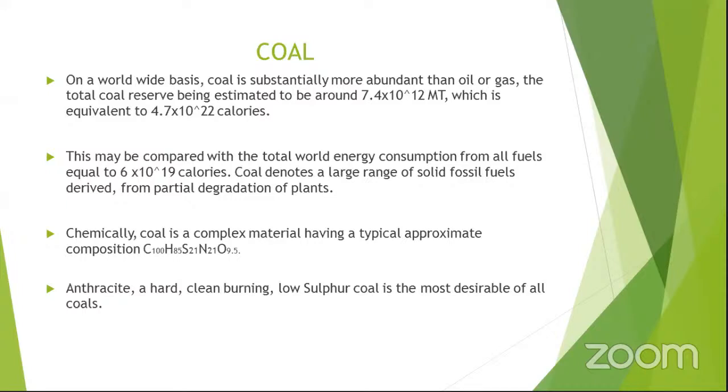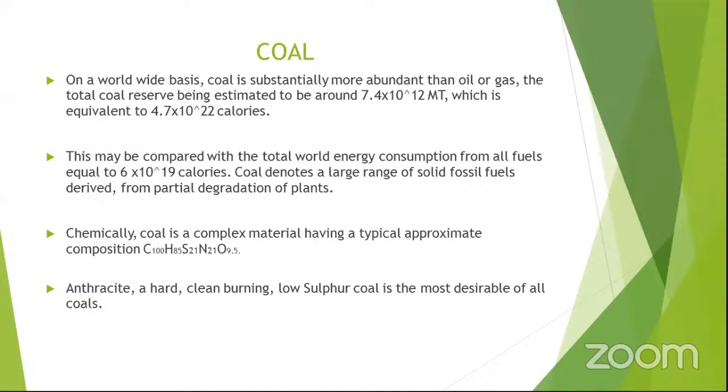You know where coal resources are present in our nation? Coal resources are found in vast amounts in Jharkhand, that is, the Jharia coal mines. It's found in Jharkhand, Chhattisgarh, and also a small amount in the northeastern part of India.